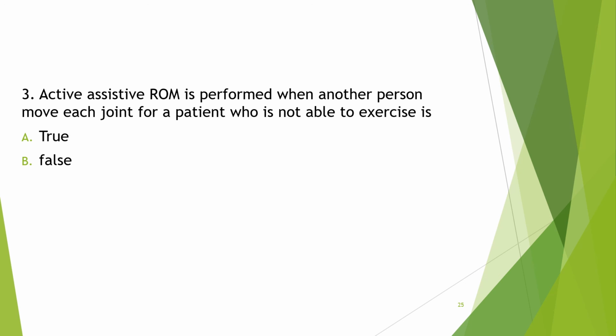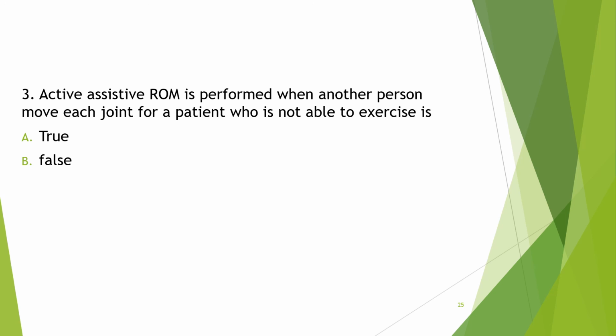Now we are going to see the third question. Active assistive range of motion is performed when a person moves each joint of a patient who is not able to exercise. Okay, so a person can move the joints of a patient who is not able to exercise.